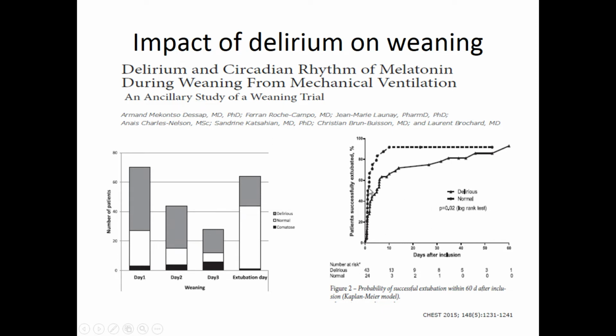This study again, you can see here on the right side of the screen that for patients who have any episode of delirium, you can see in the lower line here, that their successful extubation is delayed for any given number of days until almost the very end after 2 months where it equalizes. But if you have no episode of delirium, then the vast majority, 95%, are successfully extubated within that 10-day period.